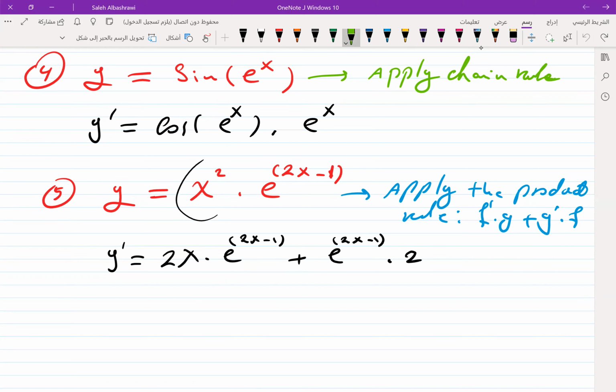Don't forget that we have to take the derivative of the power, which is 2, multiplied by ln of e, no need to write it, multiplied by the first function, which is x squared. So this is the derivative. Y prime equal to 2x multiplied by e to the power 2x minus 1 plus e to the power 2x minus 1 multiplied by 2 multiplied by x squared.